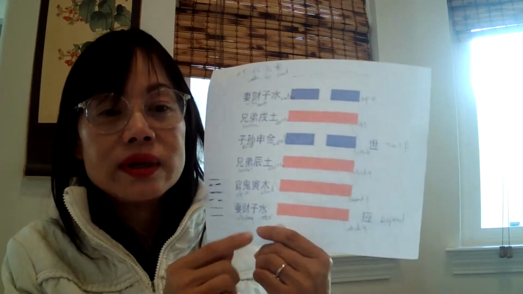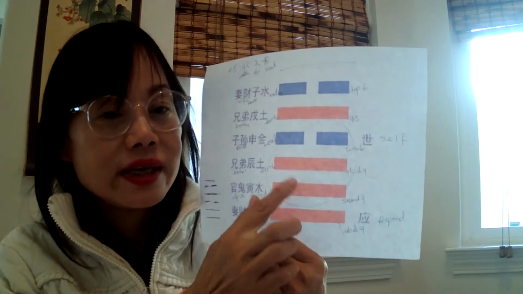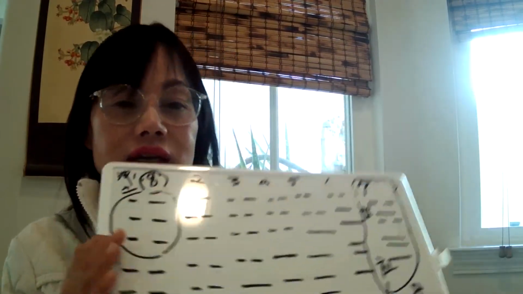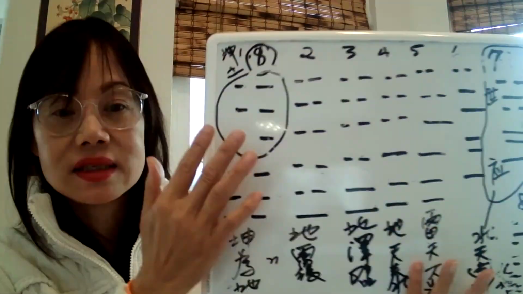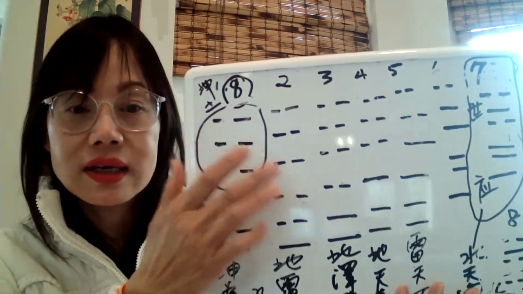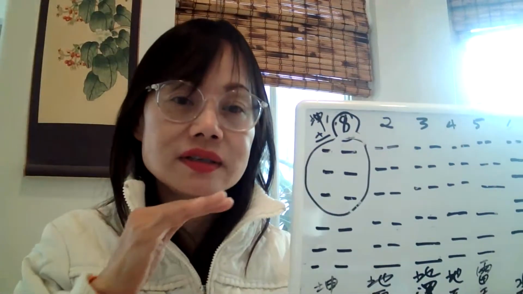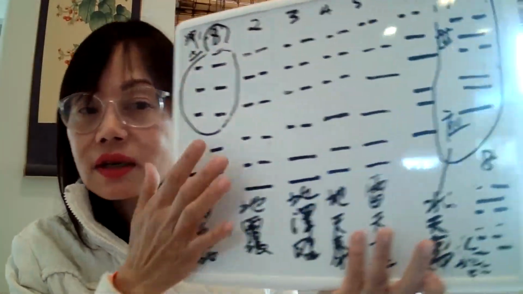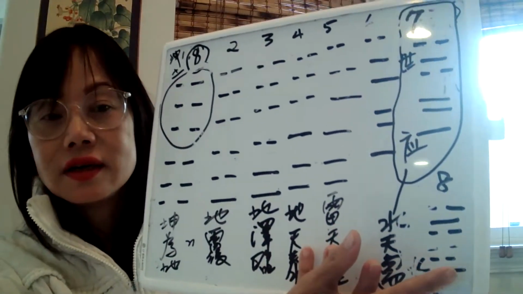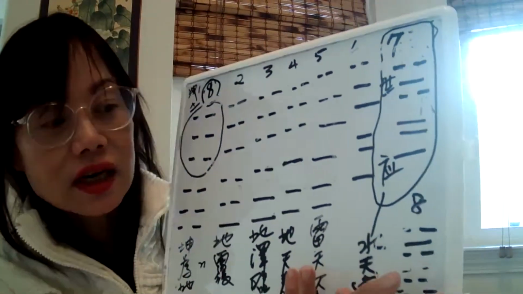Okay, and so we see the structures. We have to be careful when they're coming from Kun Palace. They are 游魂, 归魂. 游魂 is wandering soul. But you see the last one of this palace, it comes back.